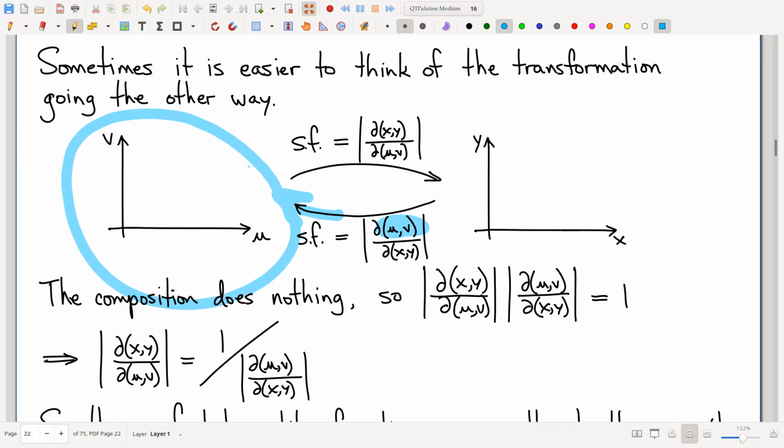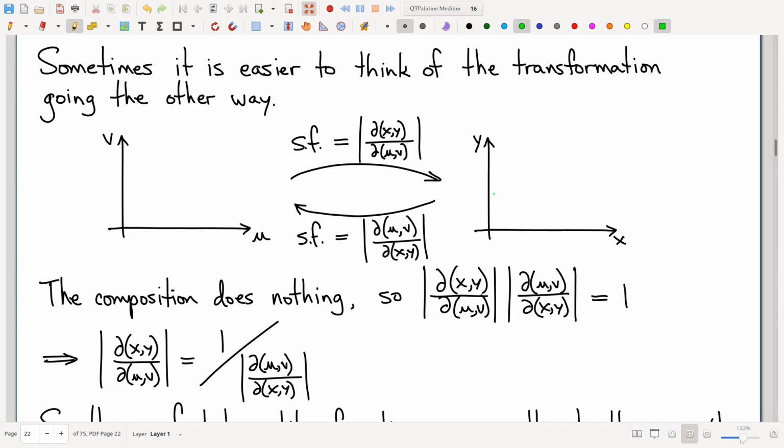And so the stretching factor going this opposite direction would be the partial of the outputs, now u and v, with respect to the inputs, now x and y. So altogether, we've got change of variables functions going both different directions. We know how to write down the formula for the stretching factor of each one of these.